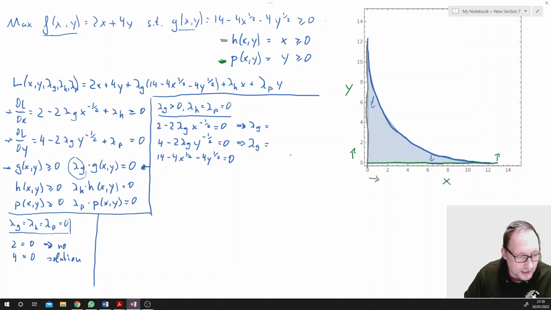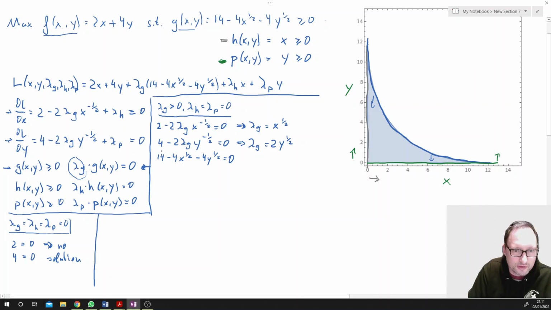So in our case, if we bring the lambda g over to the other side and then divide by 2, you can immediately divide by 2, so we basically get lambda g is equal to x to the half. Okay, so that's what you get from here. And from that second equation, you get lambda g is equal to 2y to the half.